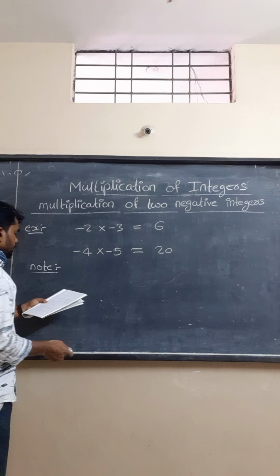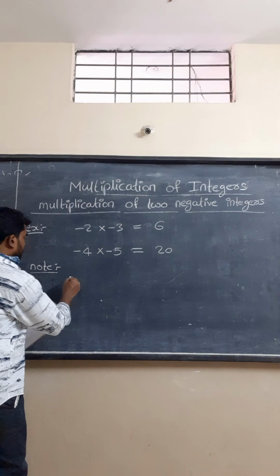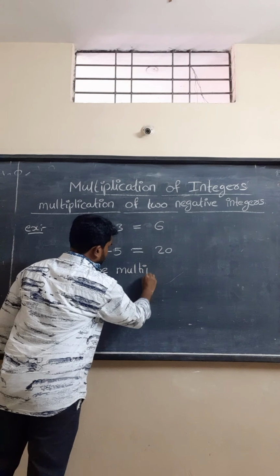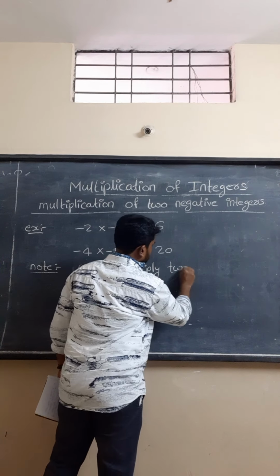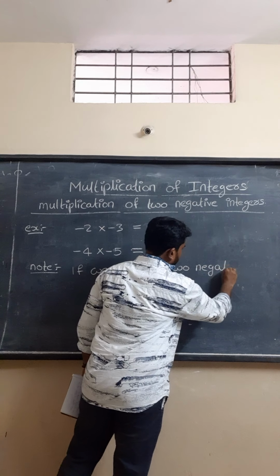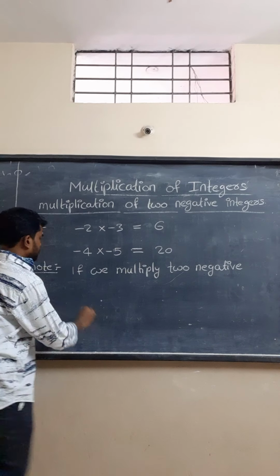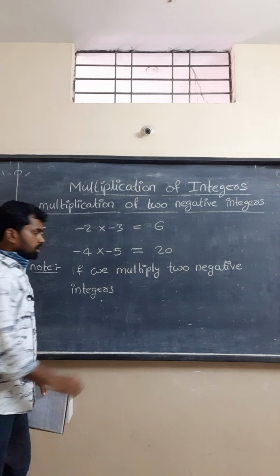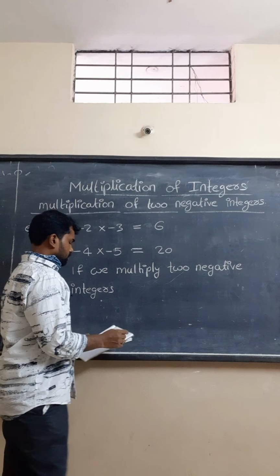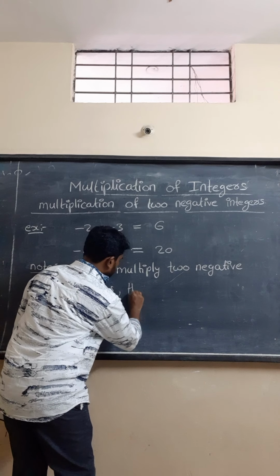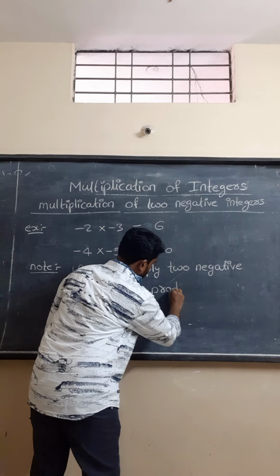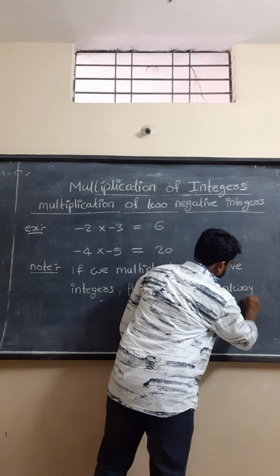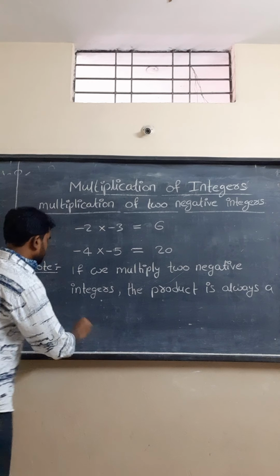Now see, write on the note: if we multiply two negative integers, the product is always a positive integer.